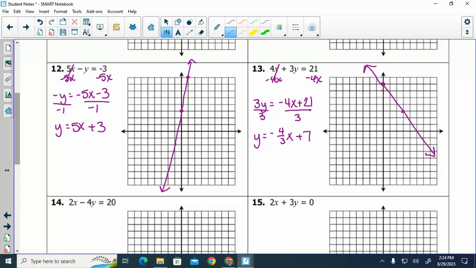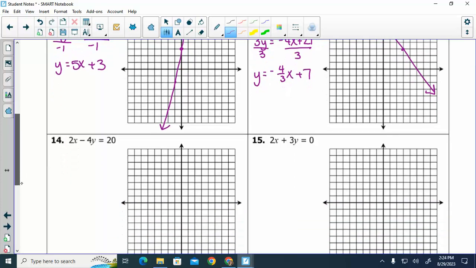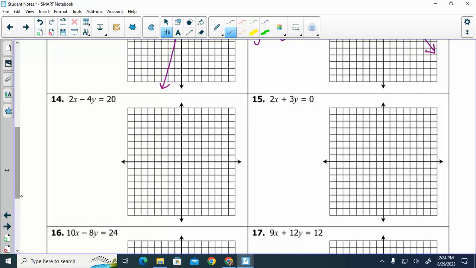You guys try the next 2. Alright, let's see how we did. Subtract the 2x. Divide by negative 4.